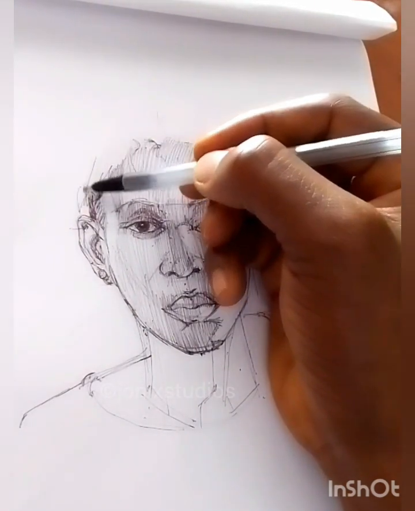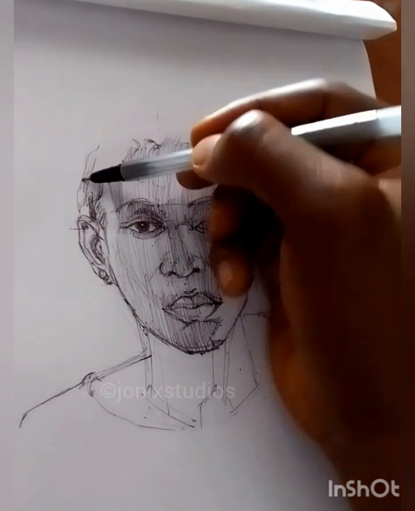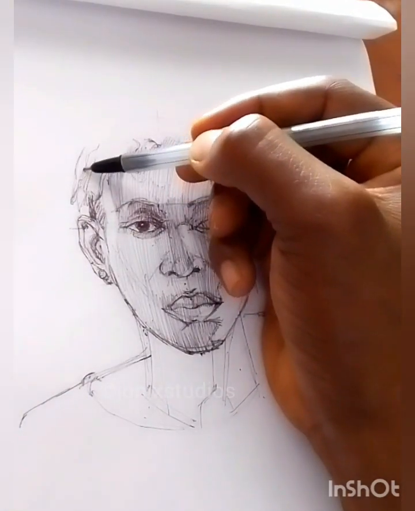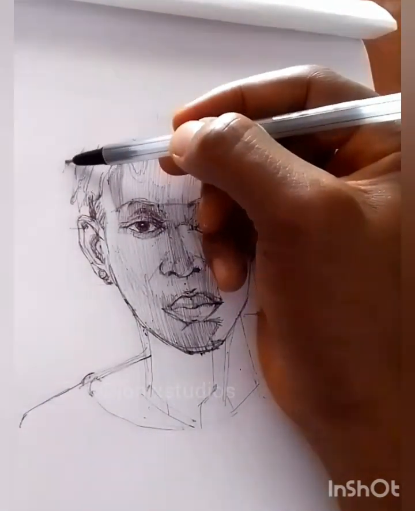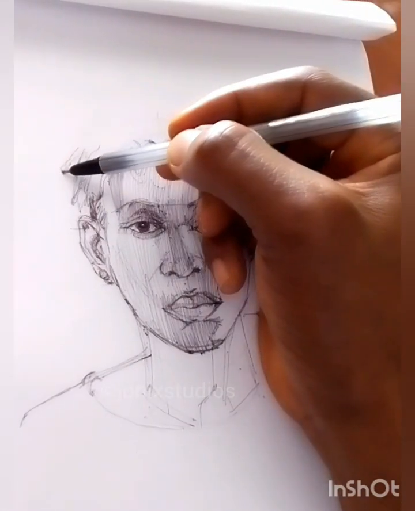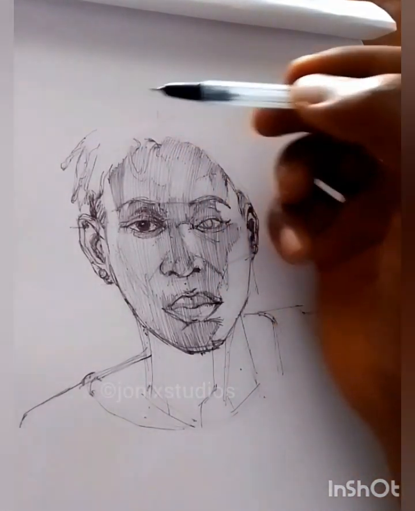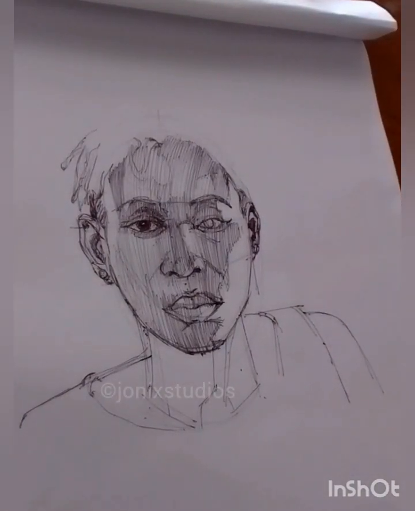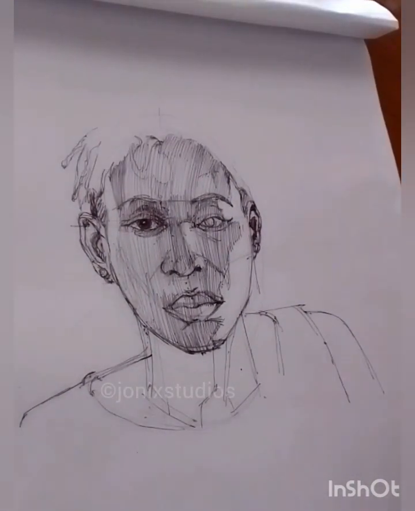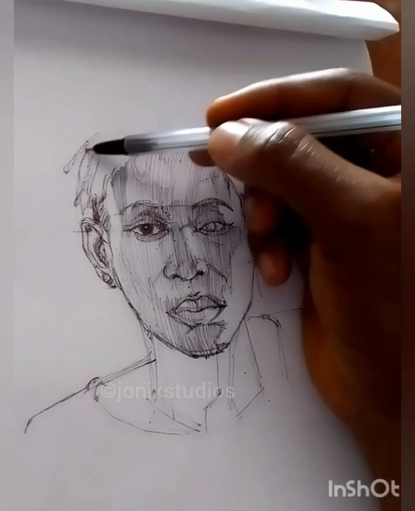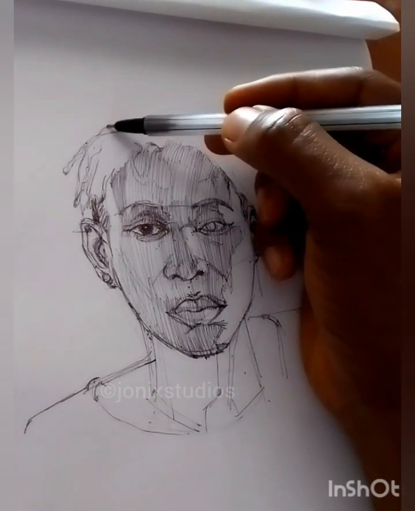Let me just have a general sketch for the hair. Okay, so this hair goes down.